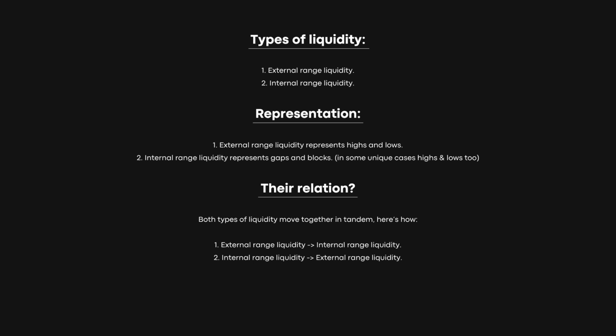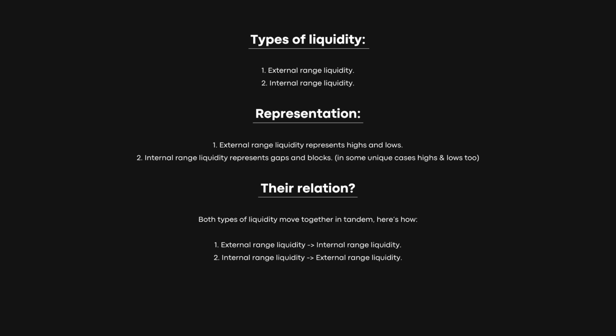These internal range liquidity areas act as internal inefficiencies or internal zones that price often comes back to test, fill, or mitigate before it starts moving toward external range liquidity or makes its bigger directional move.